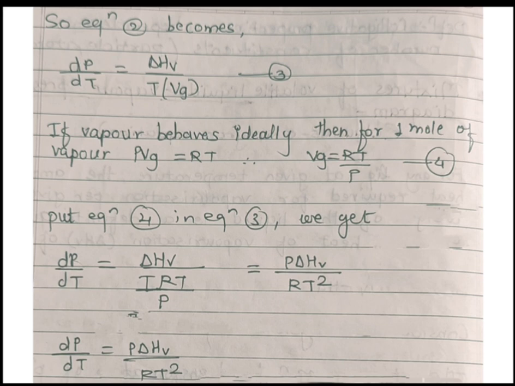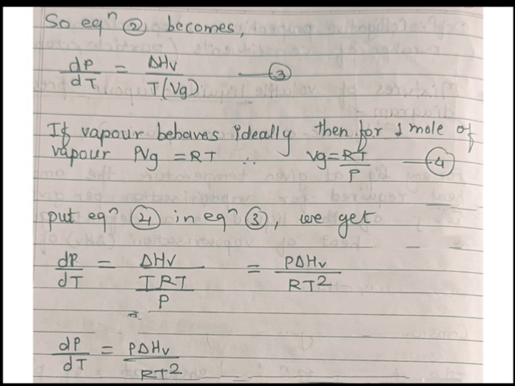So PV is equal to nRT; put n equal to 1 and V equal to Vg. So the equation will become P Vg is equal to RT. Here g is the suffix for gas. So just rearrange the equation and find the volume of the gas: Vg is equal to RT upon pressure. This is our equation number 4.